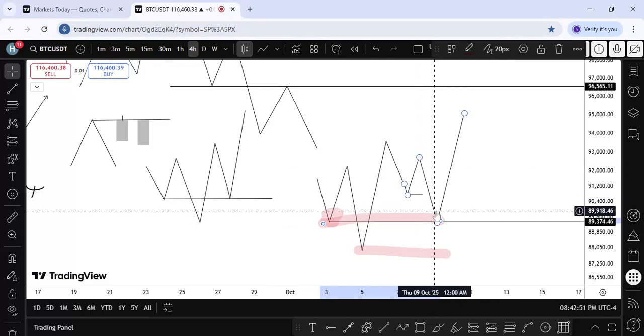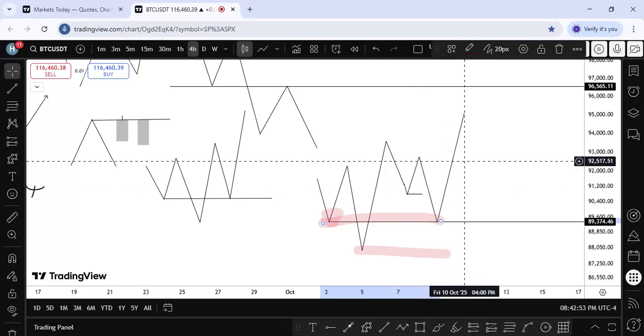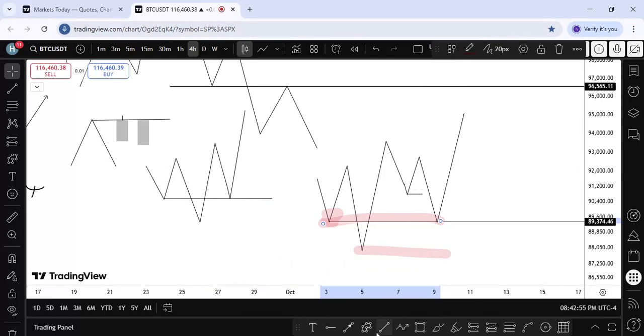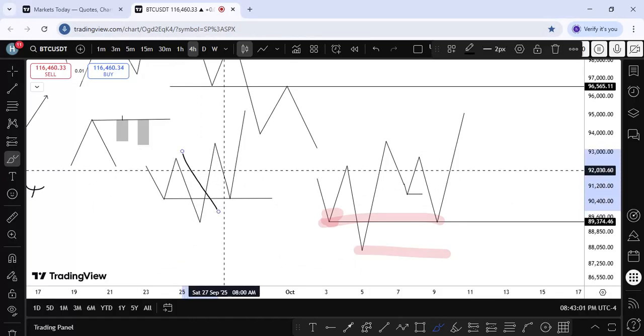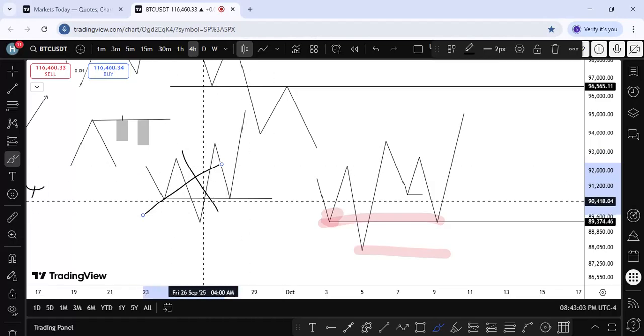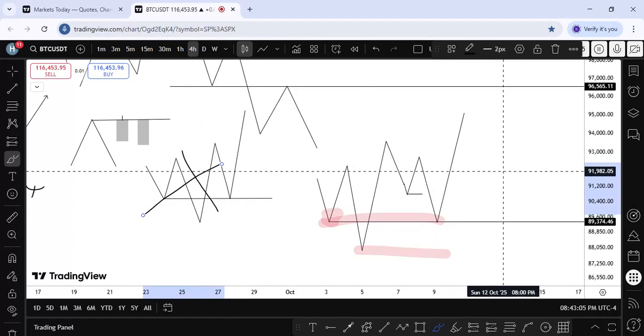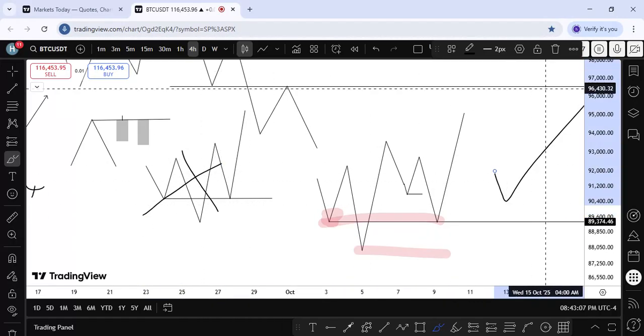So this will now serve as a strong area. So this always invalidates, because it doesn't have any liquidity area in it, and this always works.